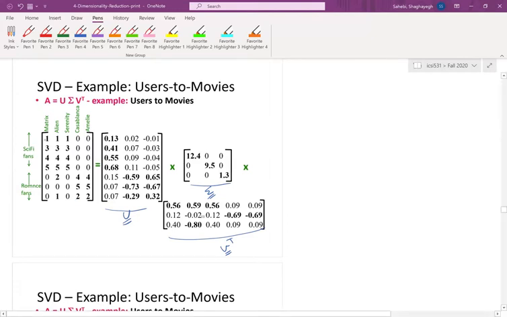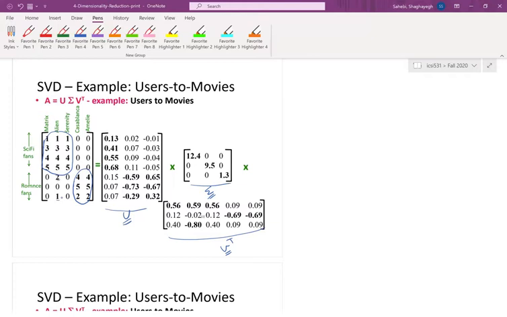Some of our users are mostly sci-fi fans; they rated Matrix, Alien, Serenity. And some others are mostly romance fans; they rated Amelie and Casablanca. They also sometimes like sci-fi. So we are already seeing a kind of pattern in our data.